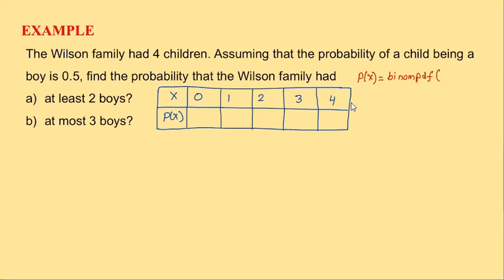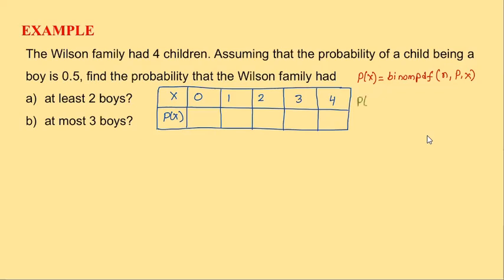Then you plug in the values n, p, and x. n is the total number of trials, p is the probability. Here, n is 4 and p is 0.5, and then x equal to 0, 1, 2, 3, and 4. Alternatively, we can also use a formula to complete this.